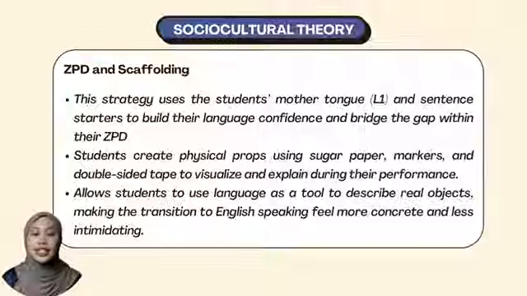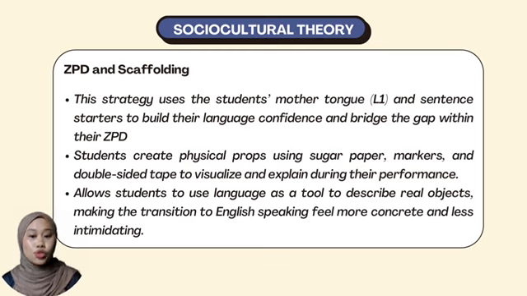The next strategy is visual scaffolding and prop making. We also use visual tools to make abstract cultural concepts easier to visualize. During the prep phase, students create physical props using, for example, sugar paper, markers, or double-sided tape, and they create drawings such as ketupat or angpao.